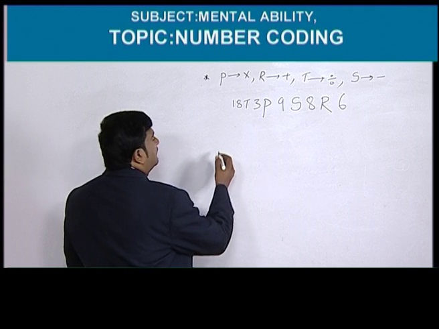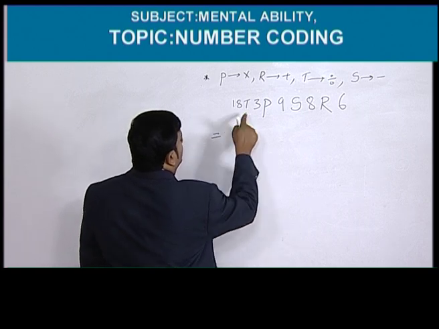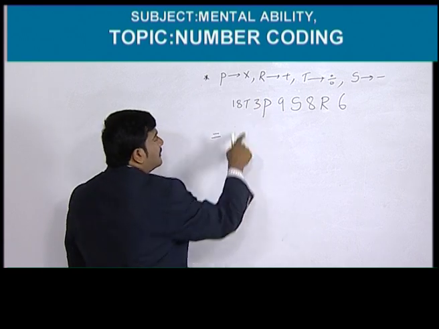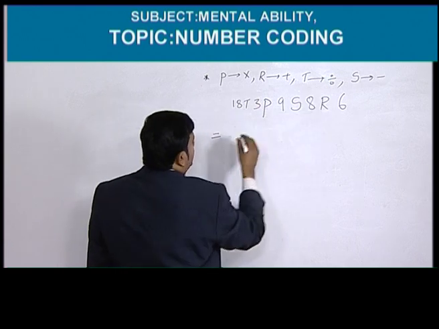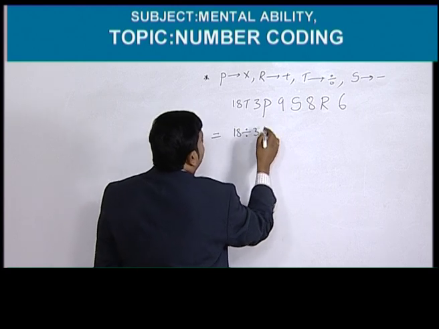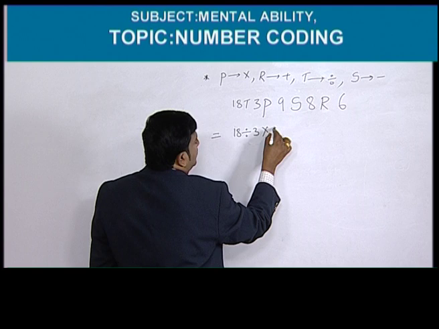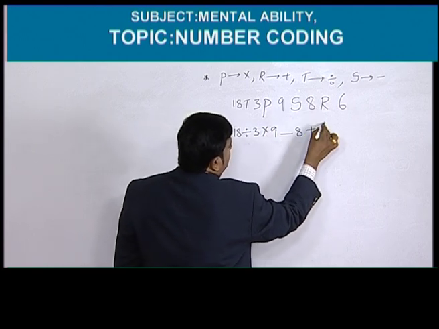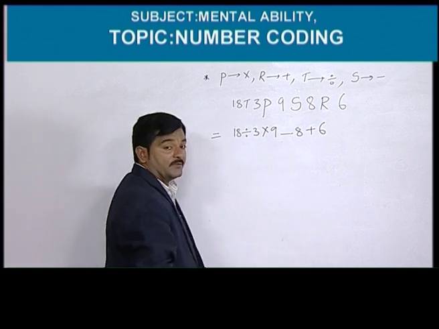Now to find the value of this, what will we do? We will take the corresponding codes. T means what did he mention? Divided by. What does it mean? 18 divided by 3. P means into, 9. S means minus, 8. R means plus, and finally we are having 6.